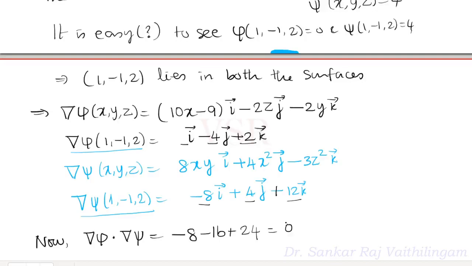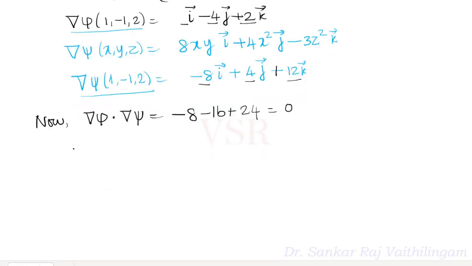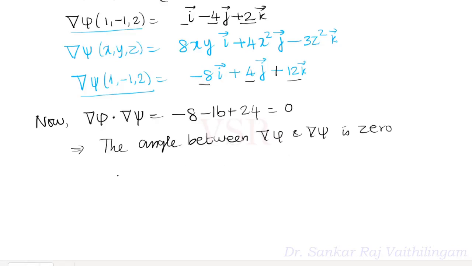அப்படின்னா என்ன அர்த்தம் அப்படின்னா, this implies that the angle between del phi and del psi is 0. Okay, so this implies that del phi is perpendicular to del psi.